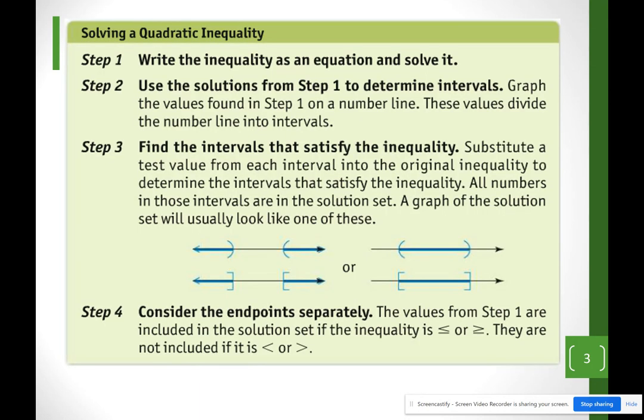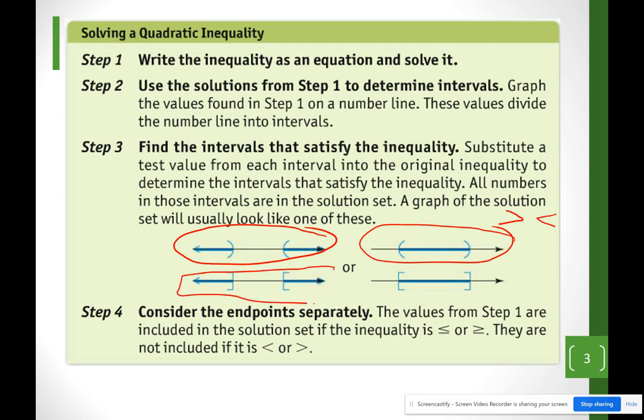My answers are either going to be something like this, like we saw, or we can have this. Now this is when I'm using parentheses, when I have the symbol greater than or less than. Now I'm going to use brackets when I have the or equal to part as well.